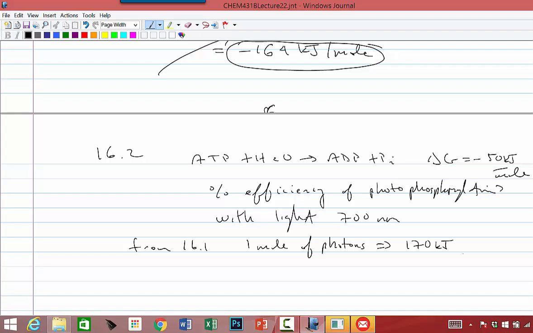Therefore, we need 2 moles of photons to excite two moles of electrons.